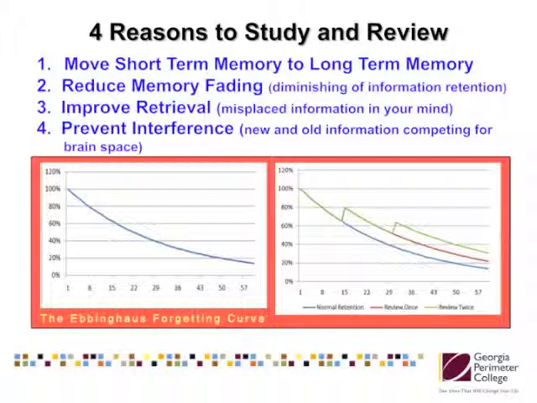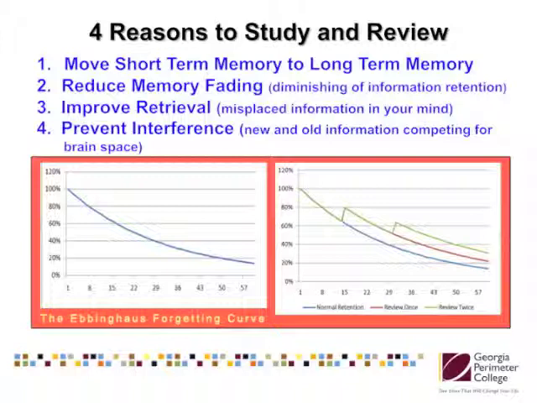If you look at the graphic on the right, at 100% on day 1, if we review by day 14, that's 2 weeks, we will increase the information that we retained, and so we would only lose 20% of the initial information that we collected.